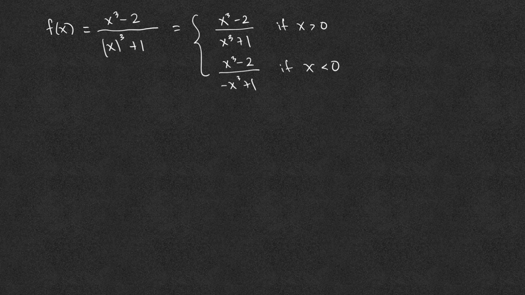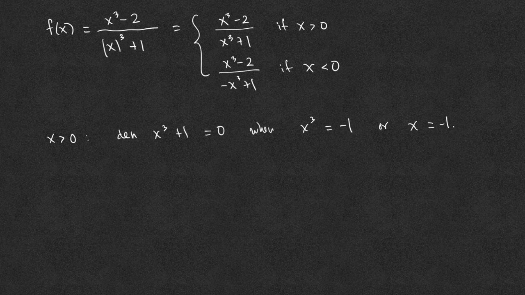To find the vertical asymptote, we first need to check where the function is undefined. The function using this limit is a rational function, and so we need to check where the denominator is 0. For x greater than 0, we see that the denominator x cubed plus 1 equals 0 when x cubed equals negative 1, or when x equals negative 1.